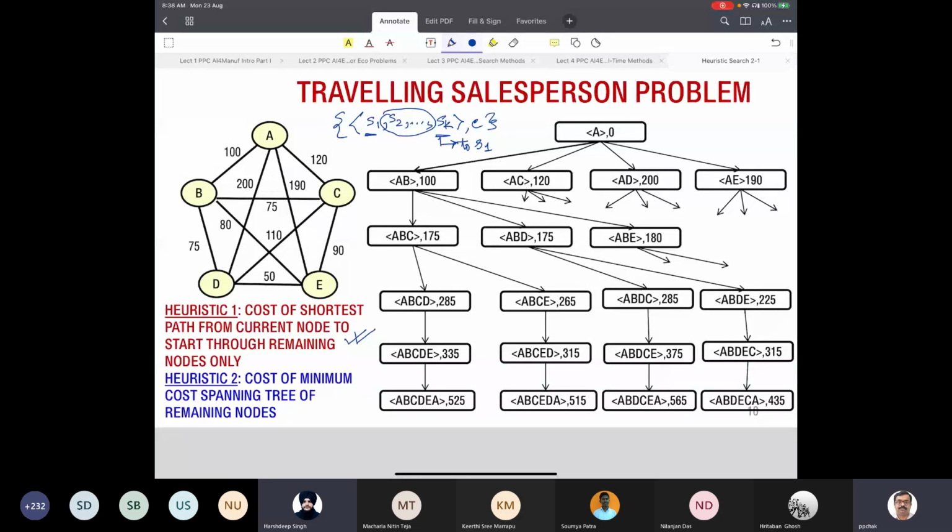Cost for the remaining nodes. So going through from the present state to the closed state. What I again do is I remove those intermediate nodes from the graph which I have already seen, and in the remaining graph I find the cost of the minimum cost spanning tree.